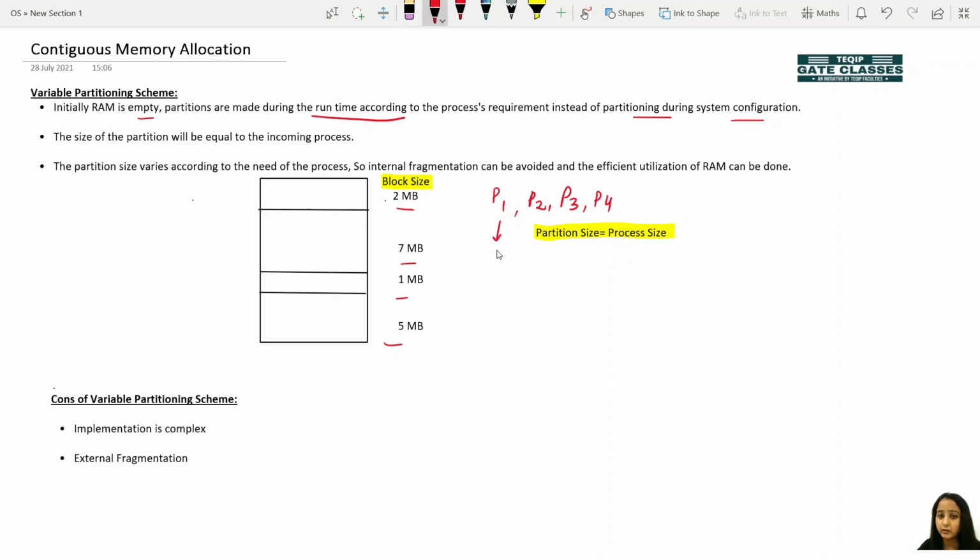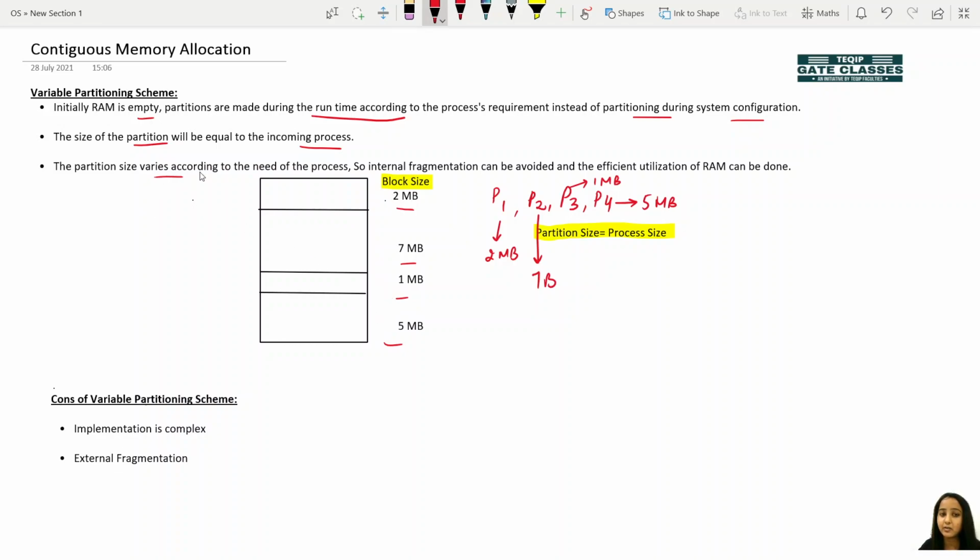P1 is 2 MB, P2 is 7 MB, P3 is 1 MB, P4 is 5 MB. According to the size of the process, the memory will be divided. The size of each partition will be equal to the incoming process.